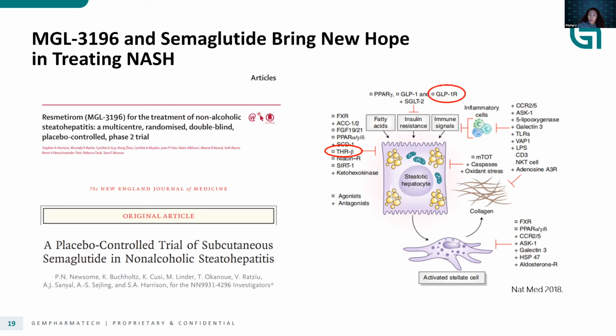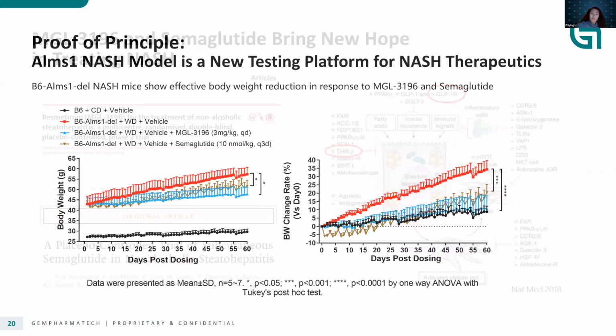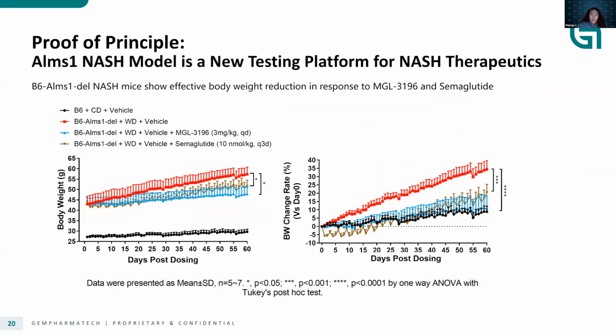So we want to see whether the Alms1 mutant animals fed on a Western diet can respond and replicate the clinical response profile as we have seen among the human population. So here, let me draw your attention to the different coloring. The black is the B6 animal.